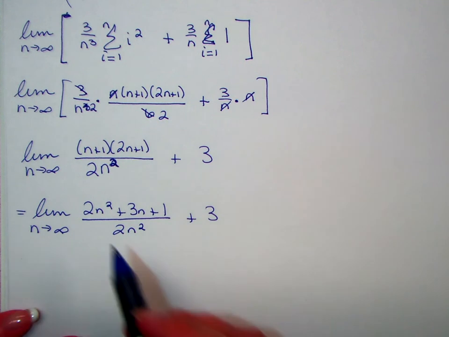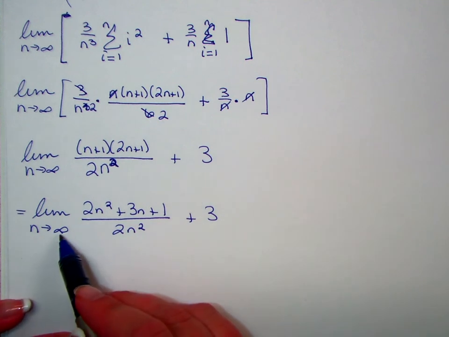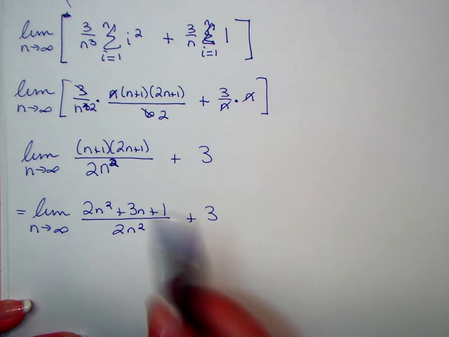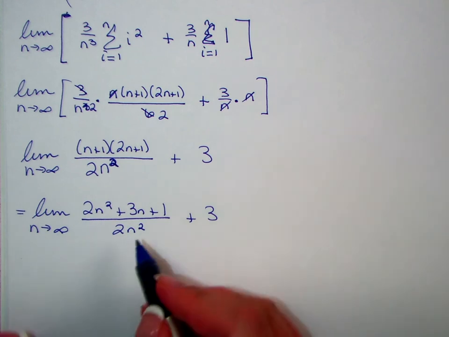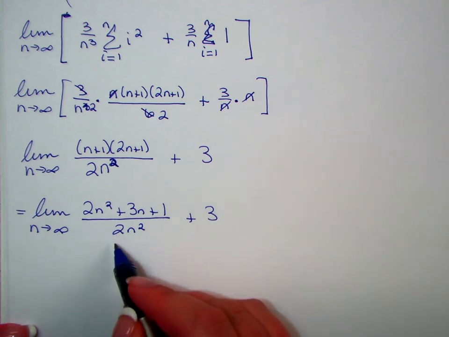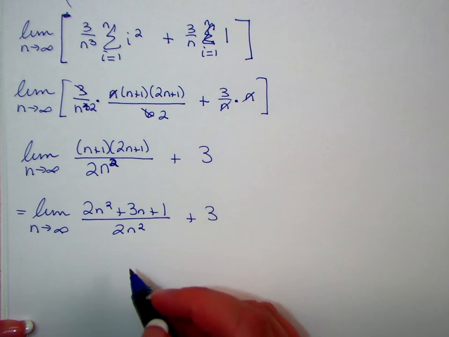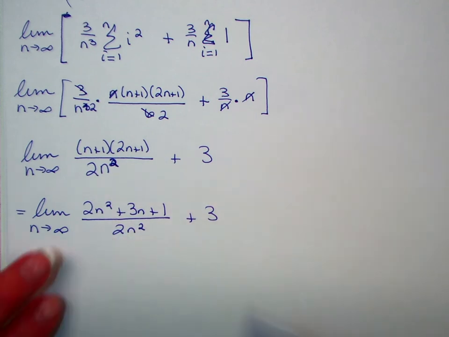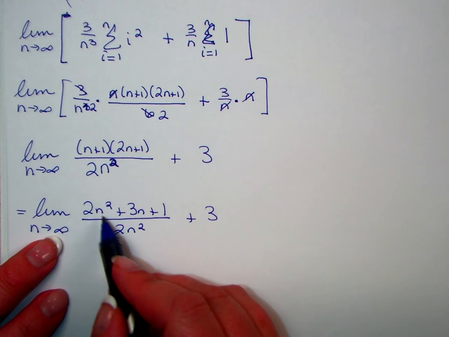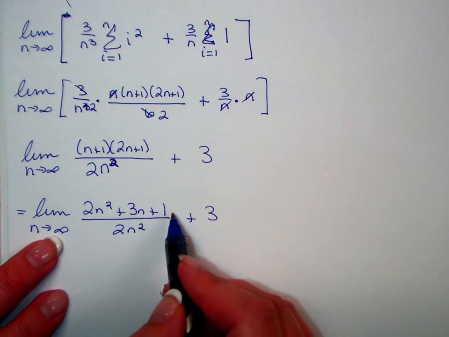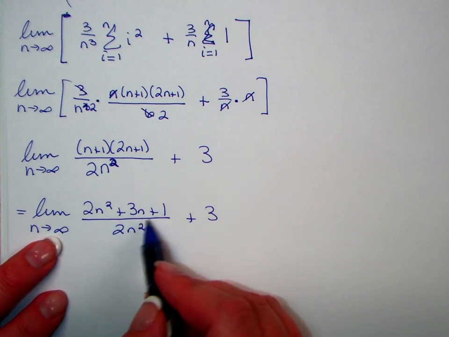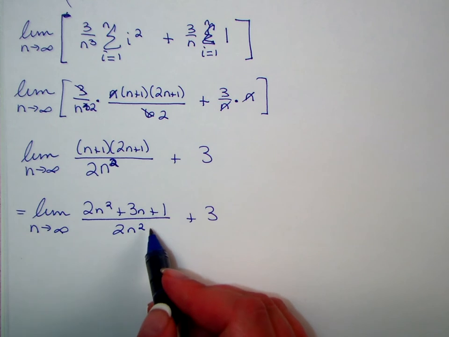So what happens here if we take n going to infinity of a fraction? Remember, we divide by the highest power of n in the denominator. So if we divide everything by n squared, we're just going to be left with 2 over 2, 3 over n, and 1 over n squared.